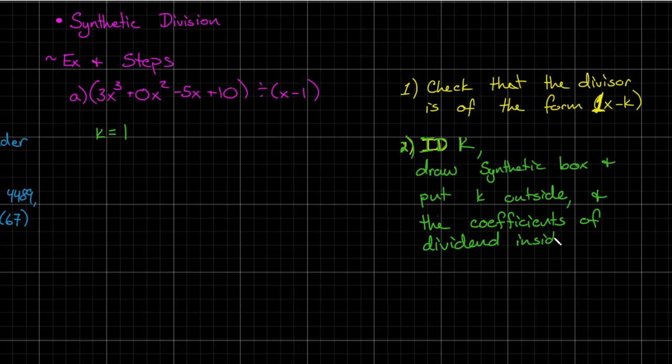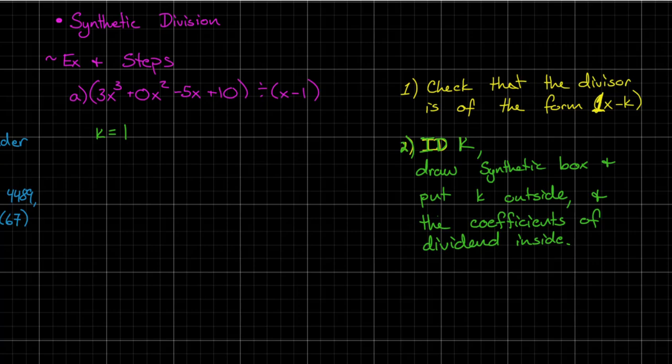Okay. You don't know what any of it means, well, you know what some of it means. We've identified the K as 1. You have no idea what it means to draw a synthetic box, but we're going to do that. And then we're going to put 1 outside of this box, because that's K in this problem. And then we're going to put the coefficients inside of our synthetic box.